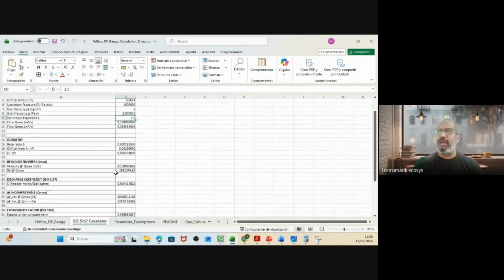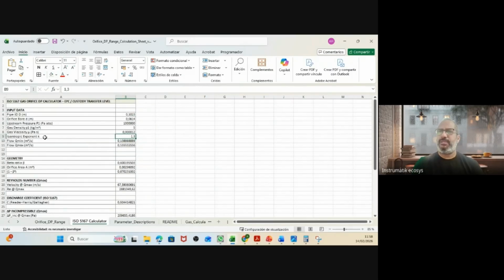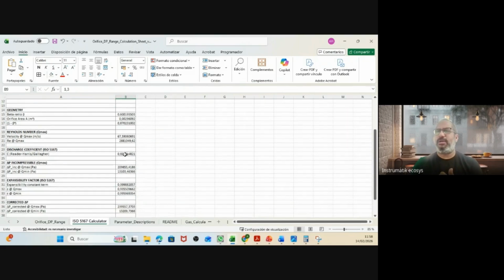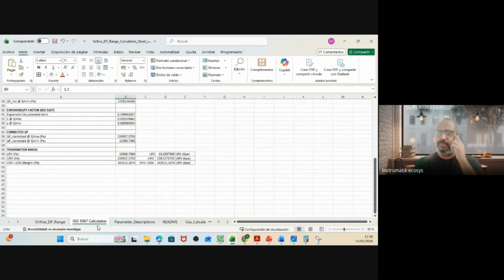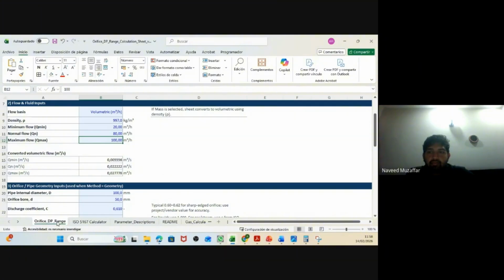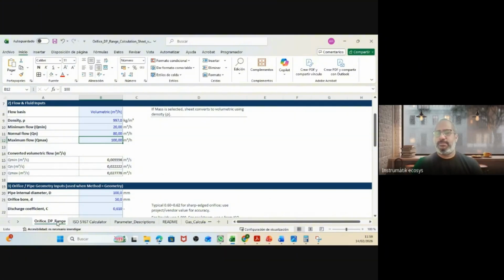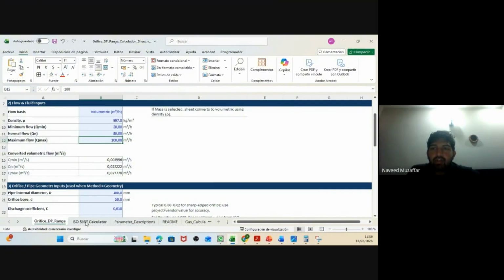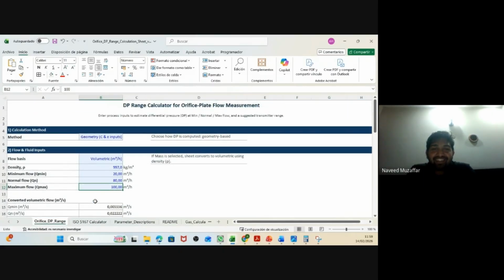So this must be accurate, this isentropic exponent k. So these two are good for you to calculate gases, steam, and liquid. Now I got the point and I understand well.